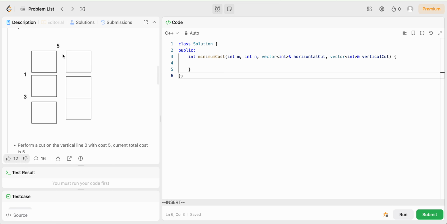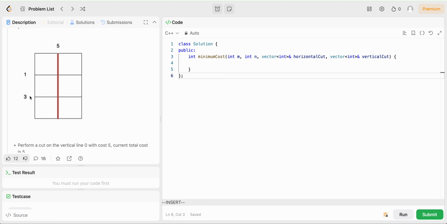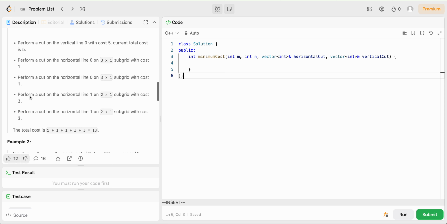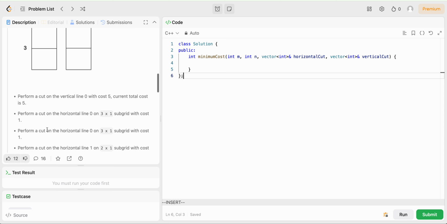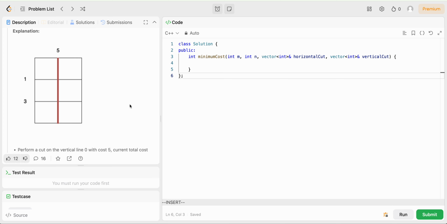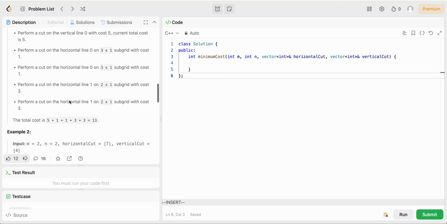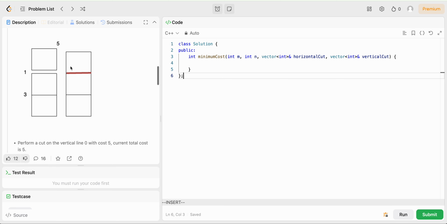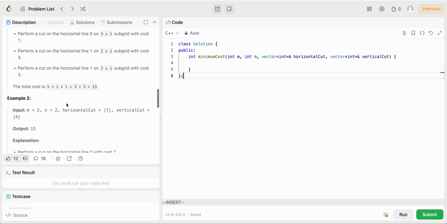So the total cost will be 5 plus 1 plus 1 plus 3 plus 3, and the number is 13. If you want to do it the other way, for example, cut 1 and then cut 3, then cut 5, the total cost will be larger. So this way is the best way to do it.